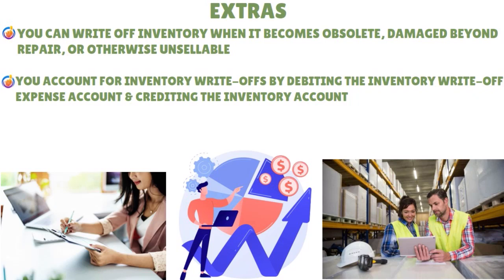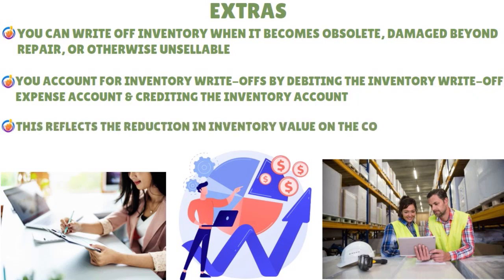Okay, so when you debit the inventory write-off expense account and credit the inventory account, this whole procedure reflects the reduction in inventory value on the company's balance sheet. So that's important, at least for you to be in compliance with US GAAP and IFRS.